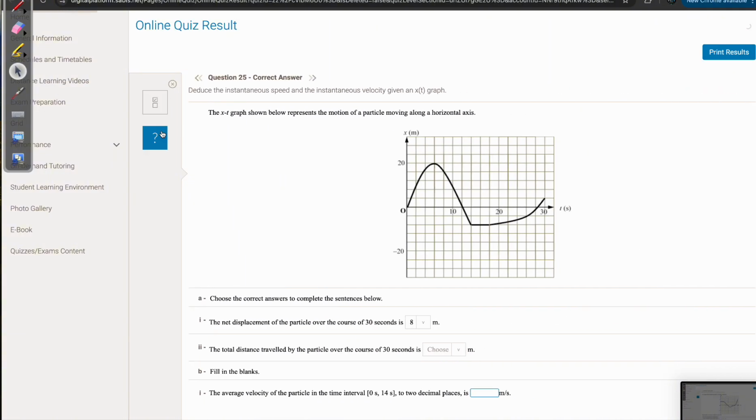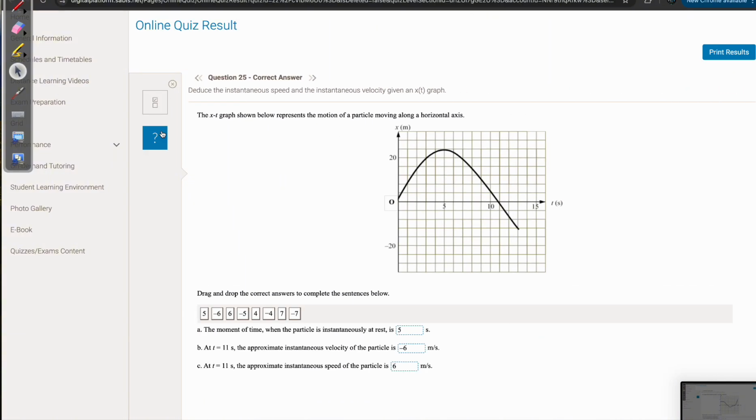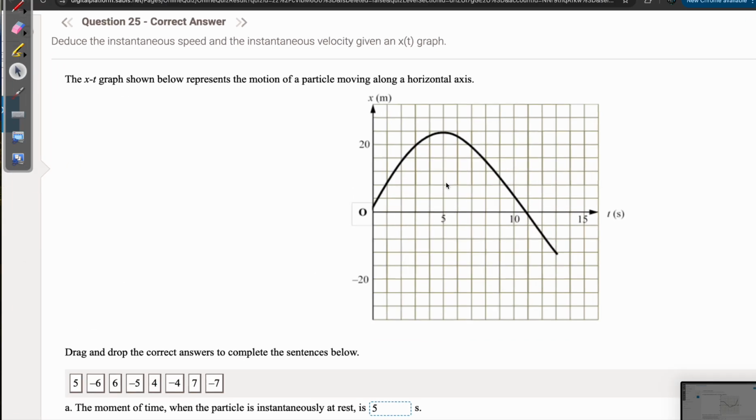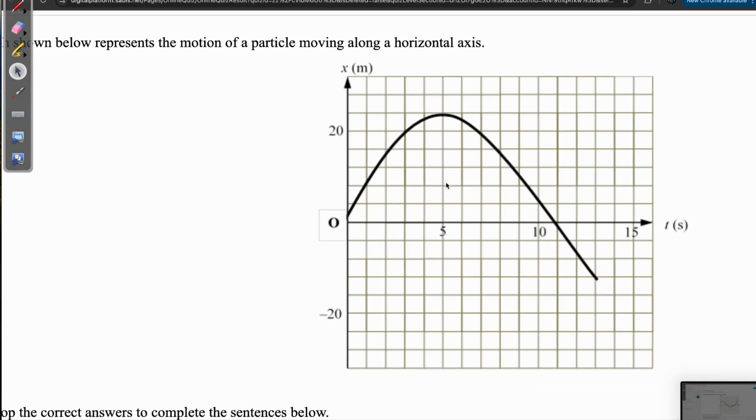Number 25. The moment of time which the particle is instantaneously at rest. Now this is a relatively new concept. I genuinely took it today, like the day I'm uploading the video.